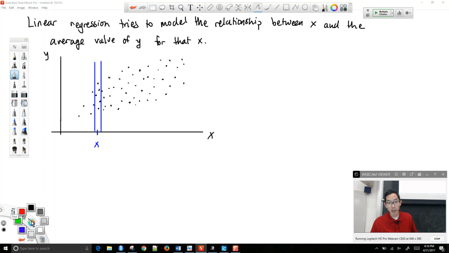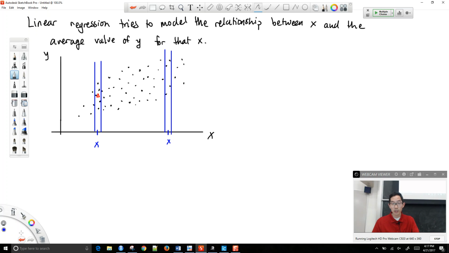I want to know the average value of my data for this particular x value. The average of these 5 dots, maybe I'm going to draw a little triangle there. Over here is another x, and I'll take a slice of data.